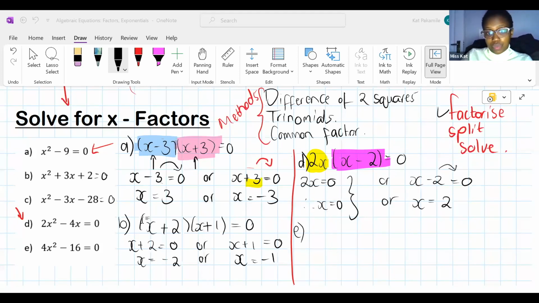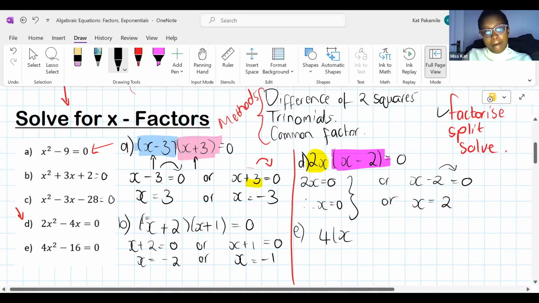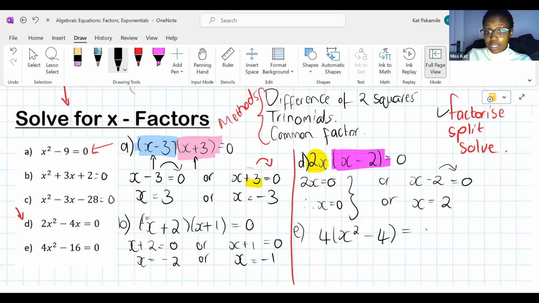Our common factor is 4, so what's left in the bracket is x squared minus 4 equals 0. What would you usually do in this case? When you get to the step, you have factorized it. Now what?